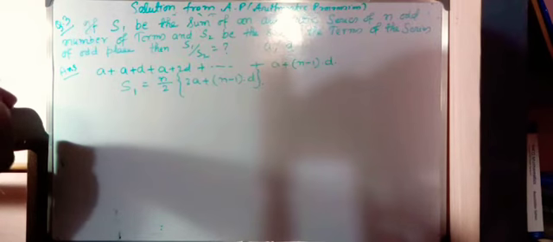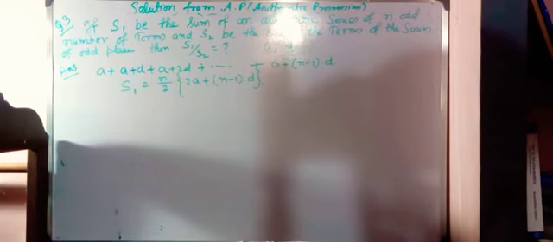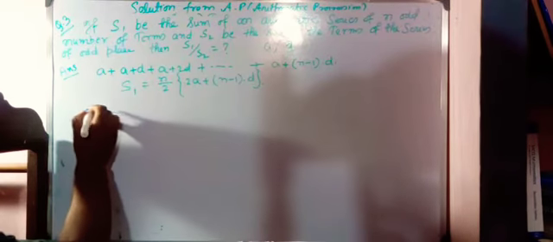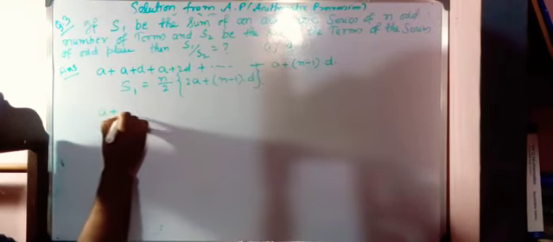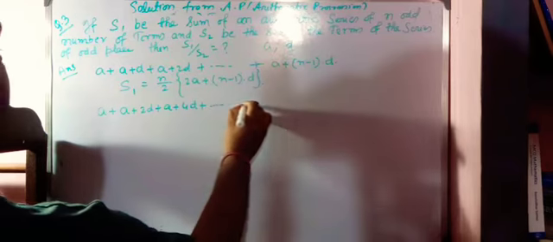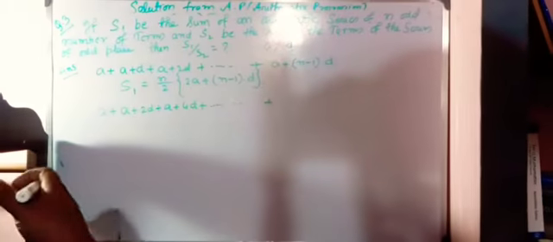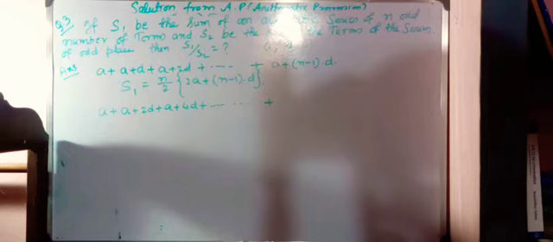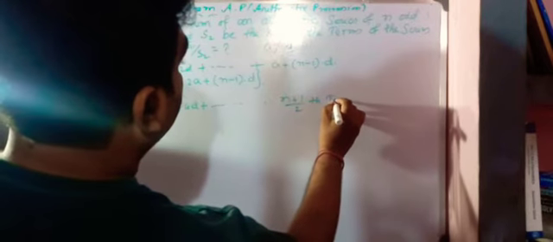Next, taking the sum of the terms of the series at odd places. Now odd places means the series should look like this: A, A plus 2D, A plus 4D, up to the (n plus 1) by 2th term. Okay, why the (n plus 1) by 2th term?